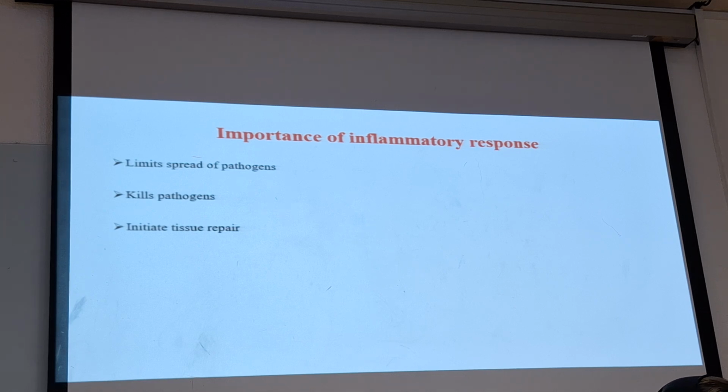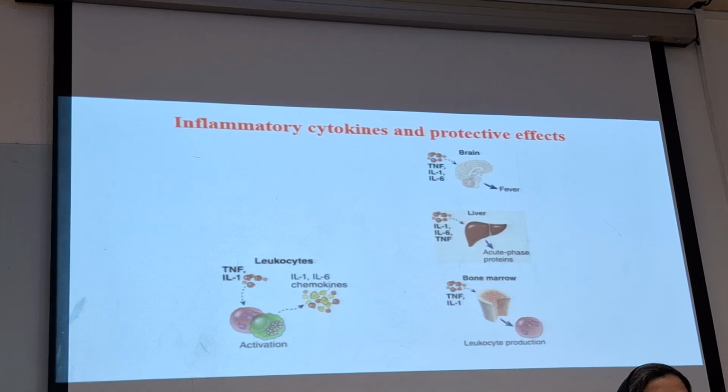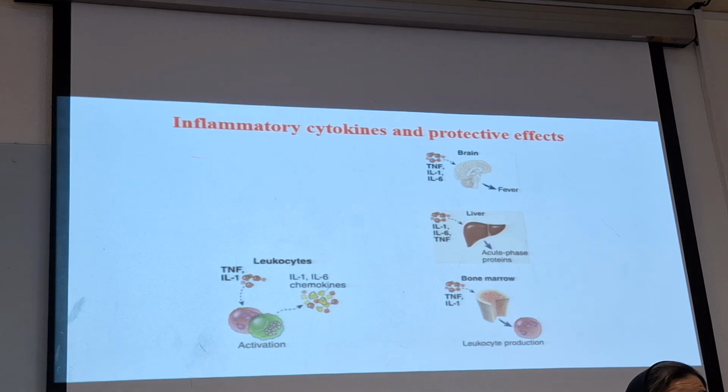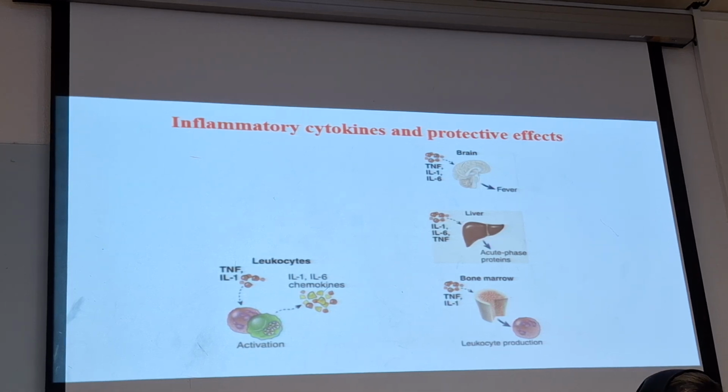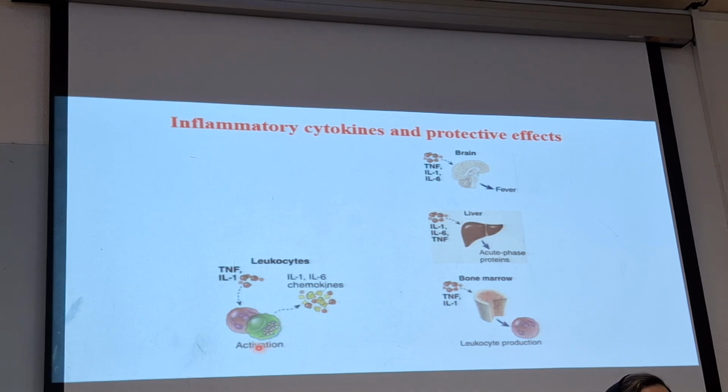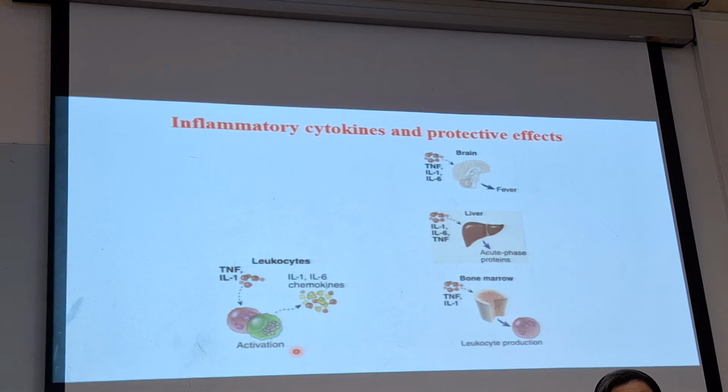tissue remodeling. And what about inflammatory cytokines? You know, the inflammatory cytokines in the innate immune system, I told you, are interleukin 1, interleukin 6, and TNF-alpha. When some pathogens enter our body, our innate immune cells, after recognizing them by PAMP recognition receptors, are activated and produce these cytokines.